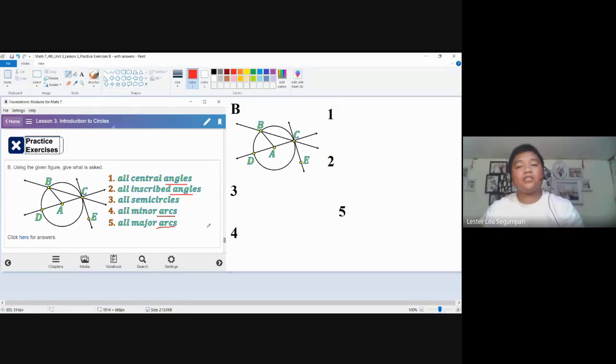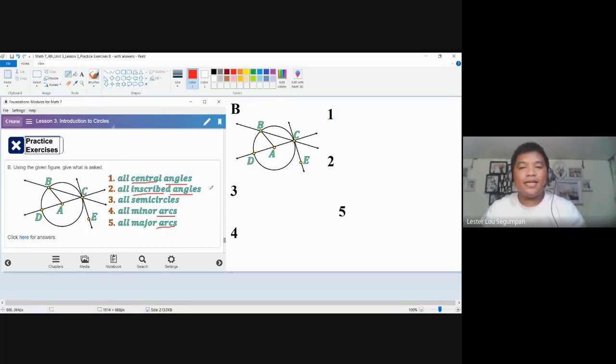But we could actually use the line segments associated with a circle and come up with angles. We have two types of angles in a circle: the central angle and the inscribed angles.